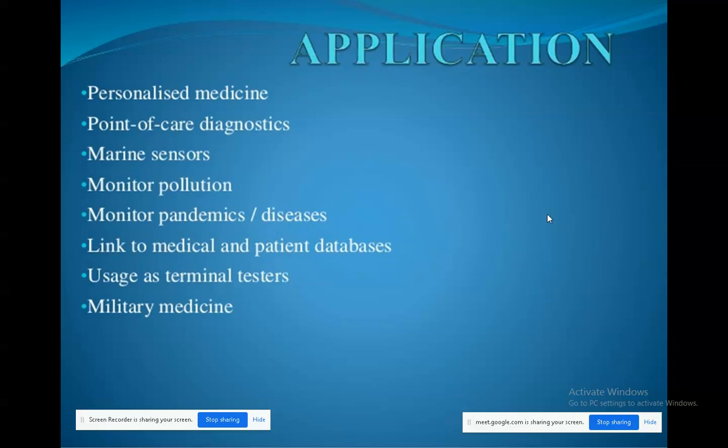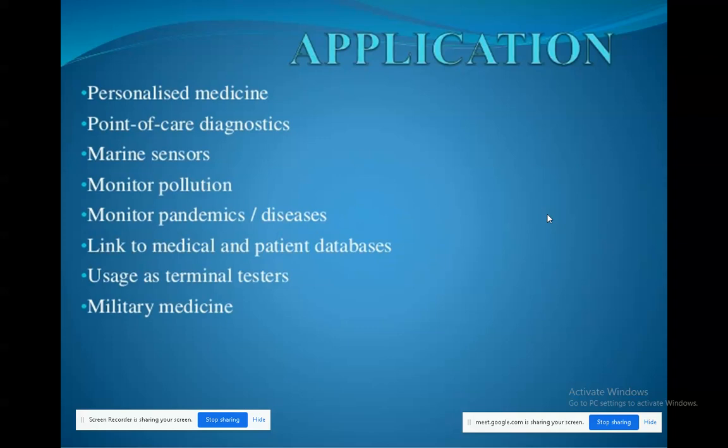Link to medical and patient database. You can collect the data and save the patient history through the lab on chip device to the computer system. Usage as a terminal tester, so you can use it as a terminal tester also.